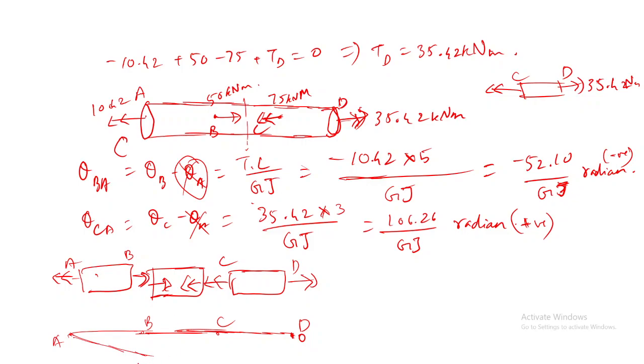And then again somewhere here, in the opposite direction, it should be a positive value, and somewhere between B and C it should cross 0. This is positive, this is negative.